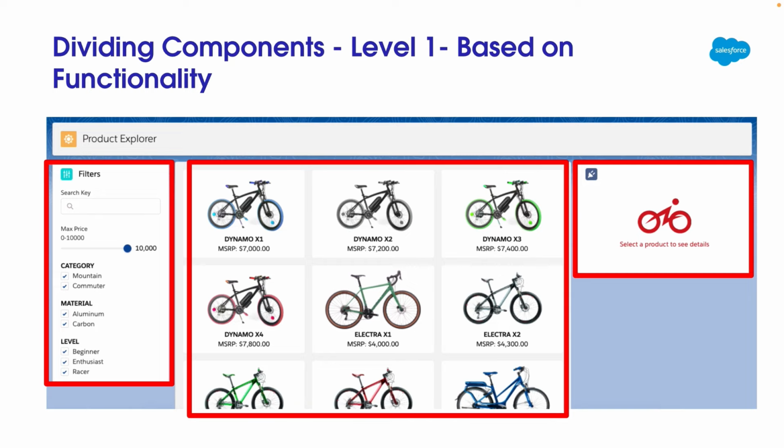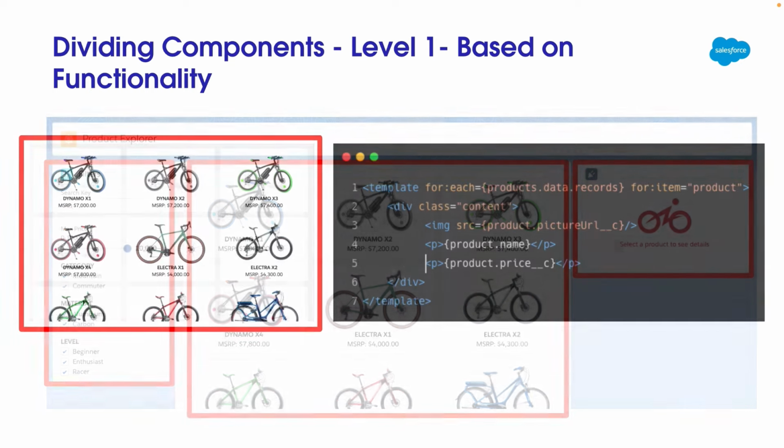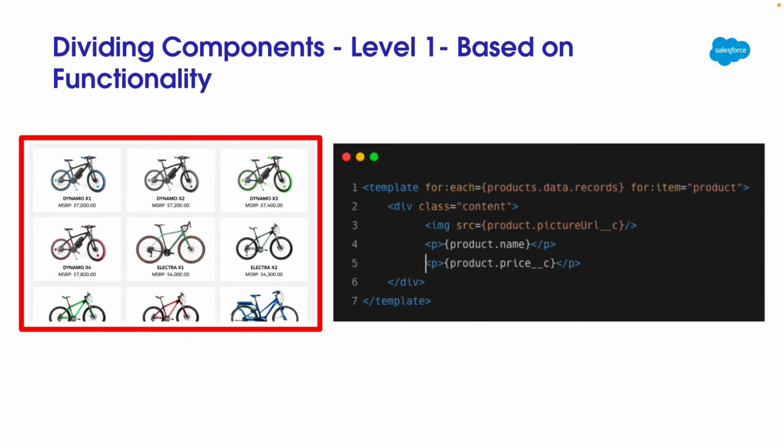So the code for the component that shows the list of bikes is here. It uses a directive called for each to loop over the data and then display different bikes using divs, images and paragraphs.